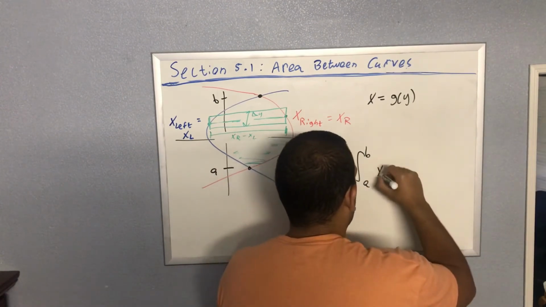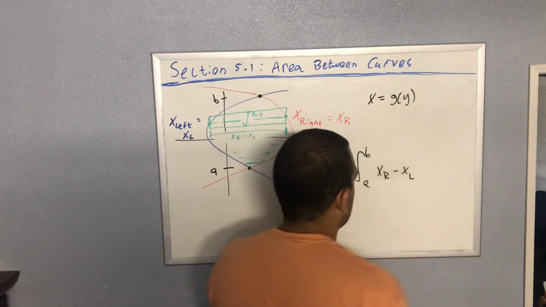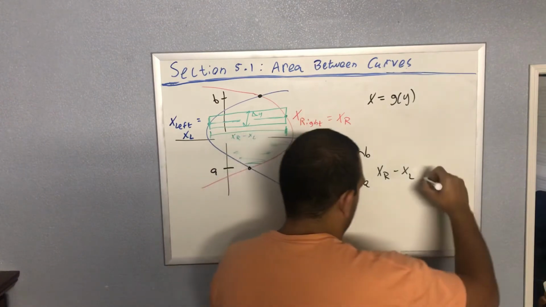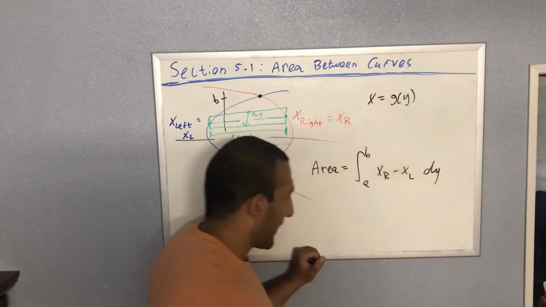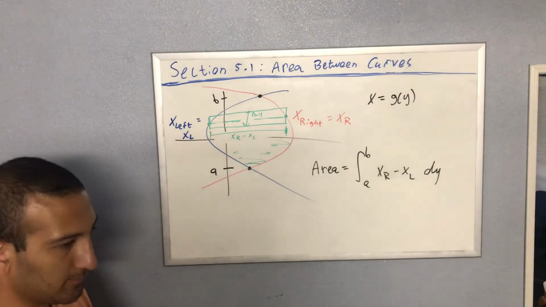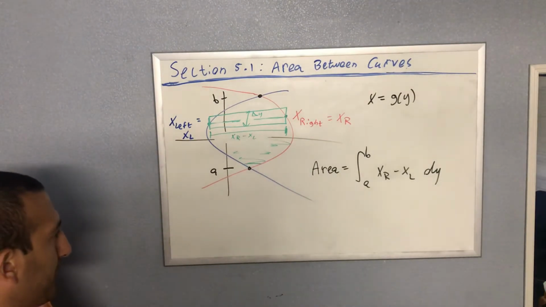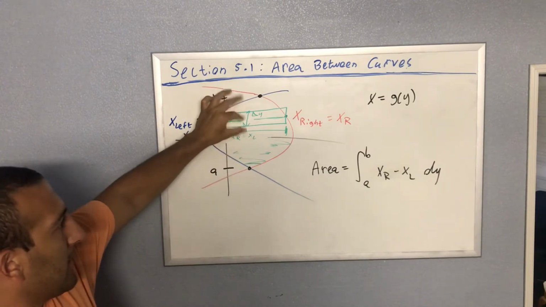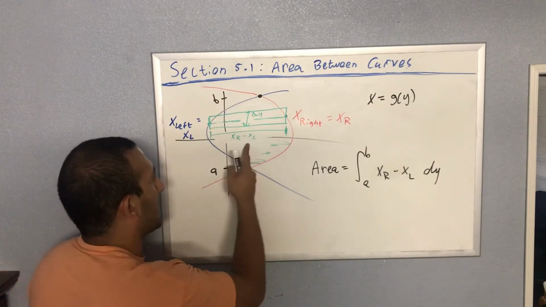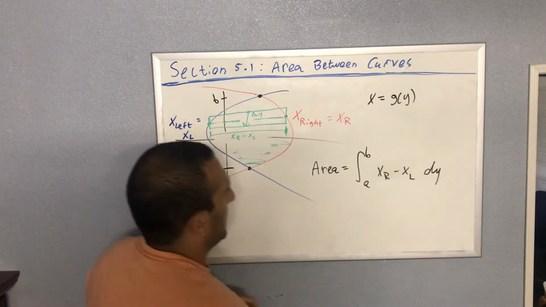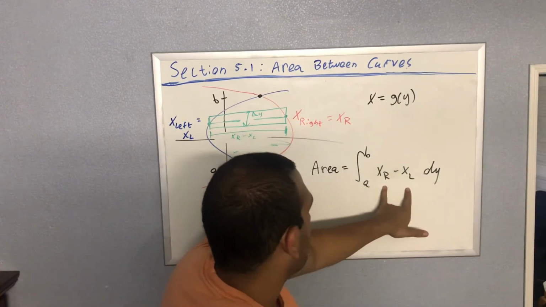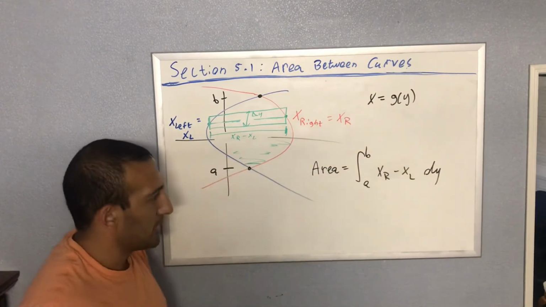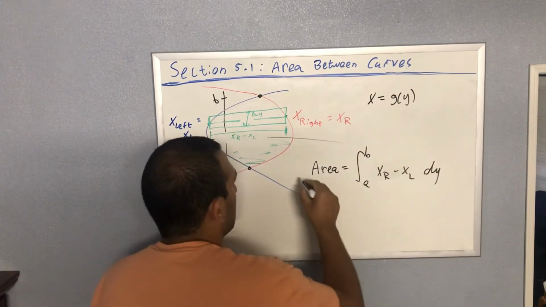So it's going to be x right minus x left, instead of y top minus y bottom. And then instead of dx, it's a dy. Because we're going up and down, dx, which was a left and right thing, gets changed to dy. And these functions, instead of being y equals functions, are of the form x equals something. So this is the area that we'll use for this scenario.